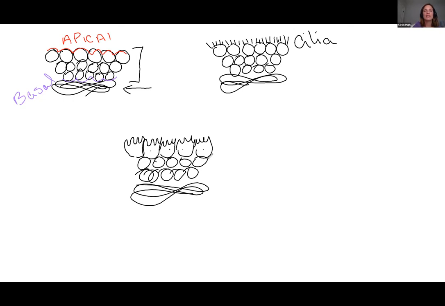Okay, so you can see at the very top, those little invaginations, those are called microvilli. And the function of microvilli is they actually increase the surface area. So think about it this way. If I have an area from here to here and I have a string that's nice and straight, then you can see that it covers that 2 inches right there.